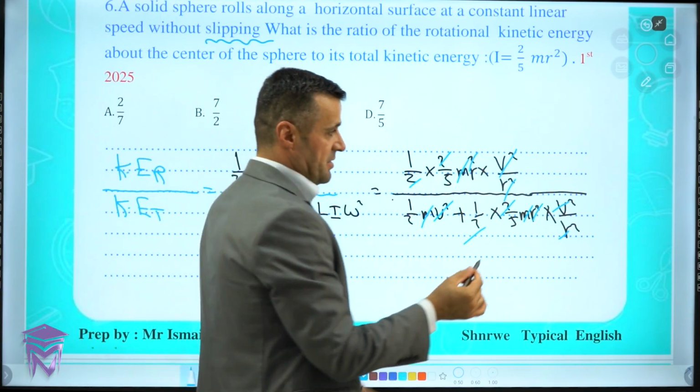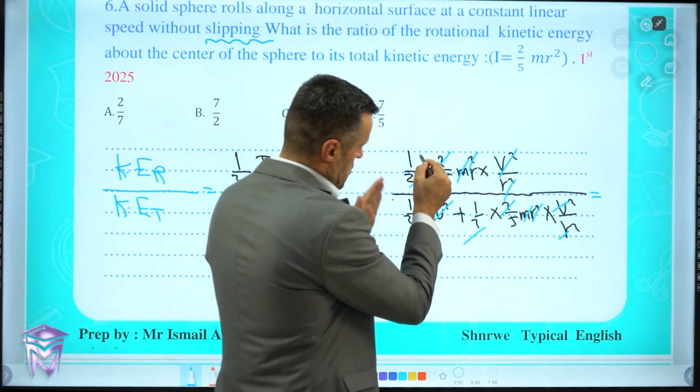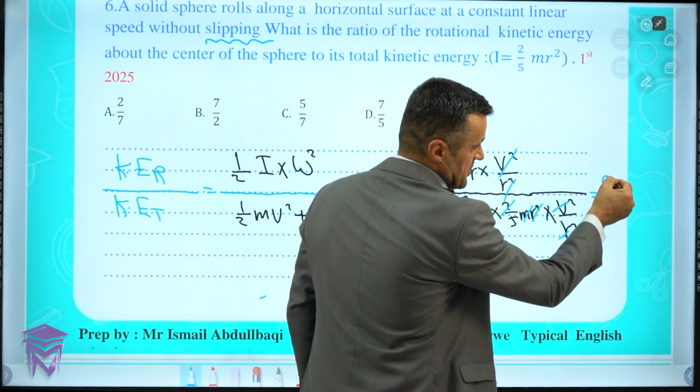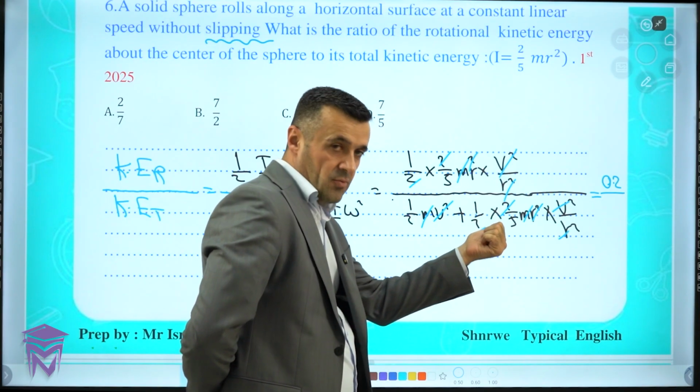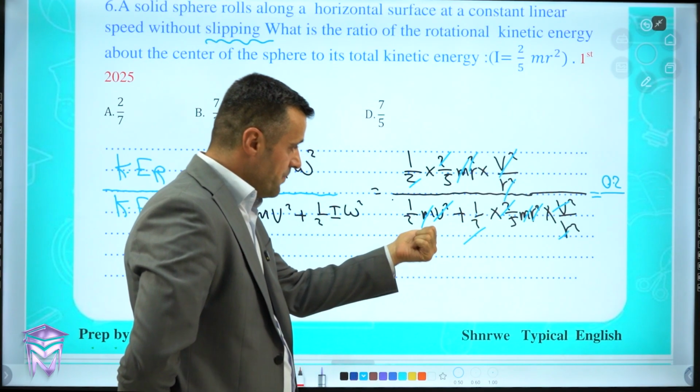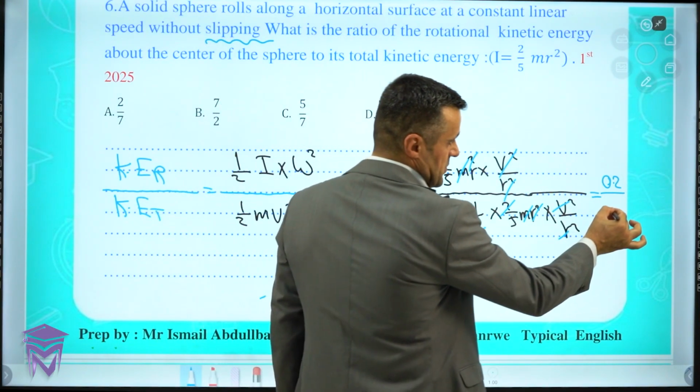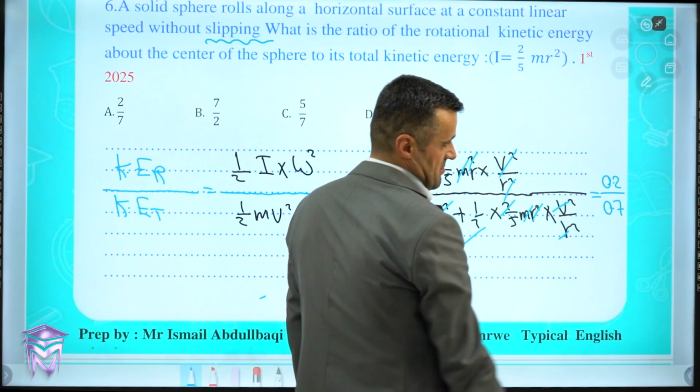The numerator is 1 over 5 equals 0.2. 0.2 plus 0.5 equals 0.7.